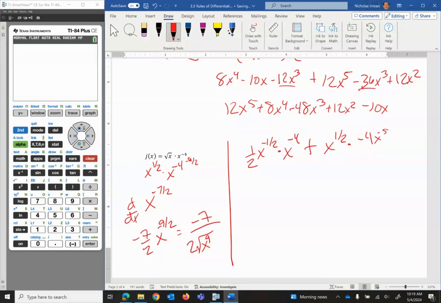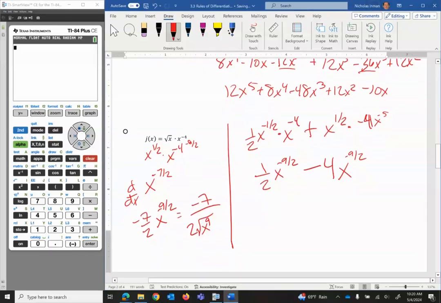All right, combining here, we'd have 1/2 x to the negative 9/2, plus, I should say minus 4x to the 1/2 minus 5 would be negative 9/2.